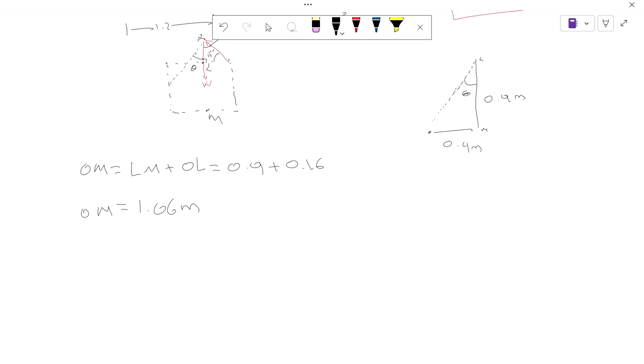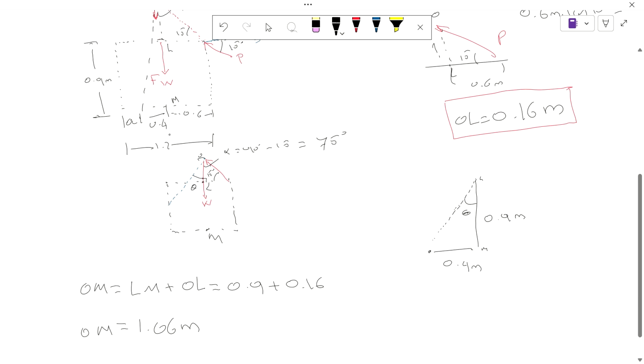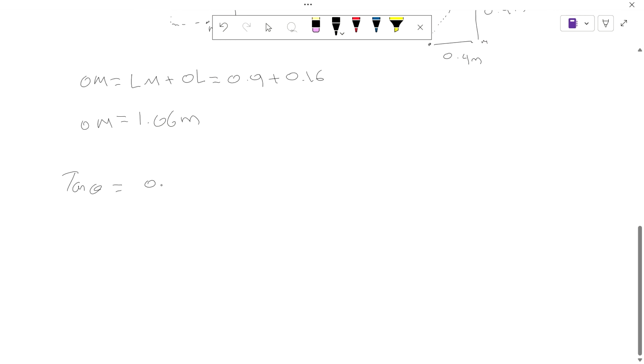The perpendicular to P is at this angle from the weight, from W. All right, so in that case, what we can do is say tangent of that angle is equal to the opposite, which is this right here, 0.4, divided by what we just found out, which is 1.06.